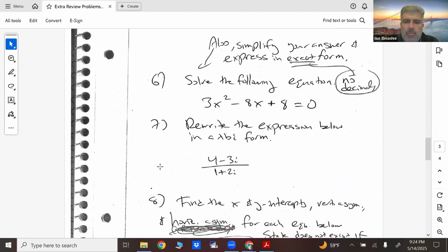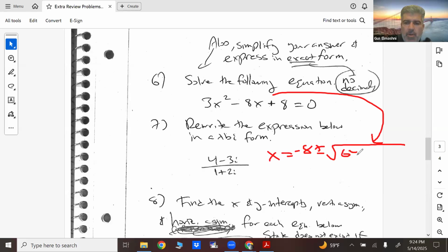That's just quad form, number 6. That's pretty straightforward. We are going to ask discriminant, so make sure you know how to find that. But that's part of quad form. If I do quad form, I get negative 8 plus or minus the square root of b squared, 64, minus 4ac, all over 2a.